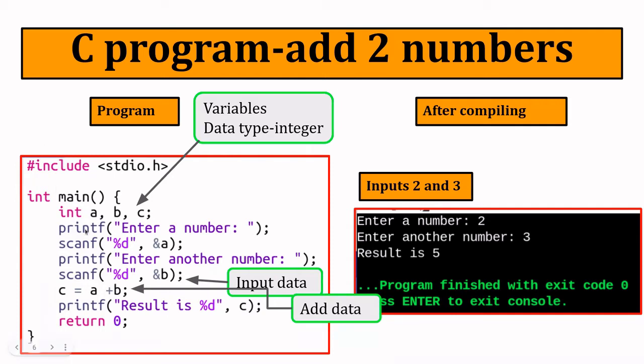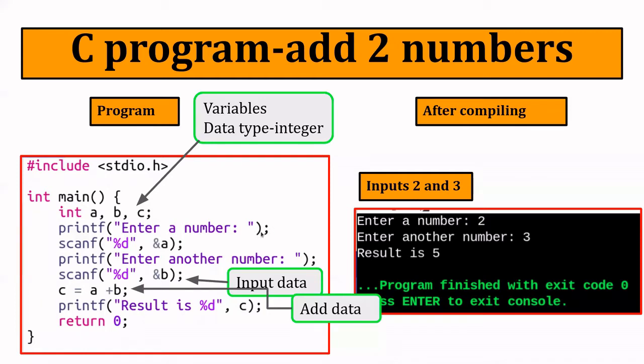Here you can see the data type is int. There are three variables A, B, C. All are integers. You can define them one by one, or define them like A comma B comma C. The semicolon indicates the end of the instruction.